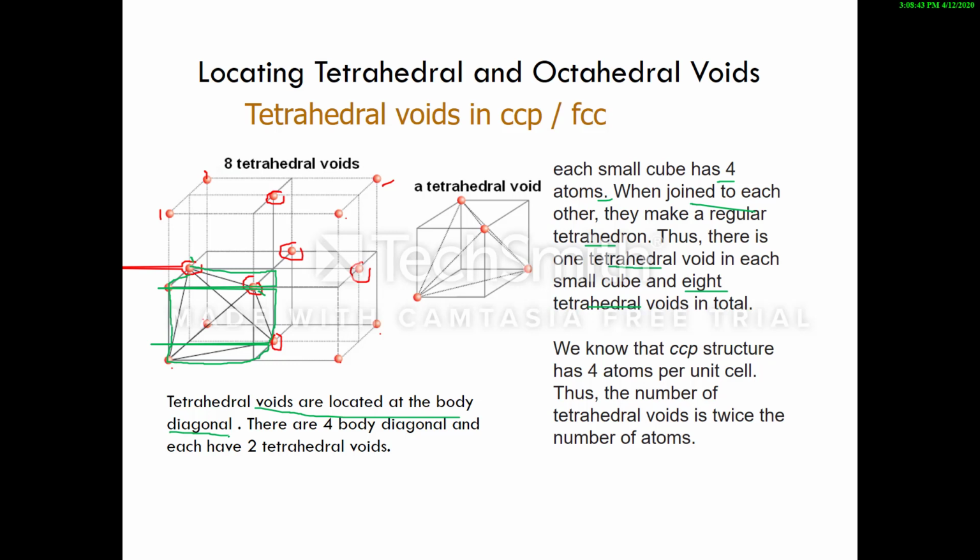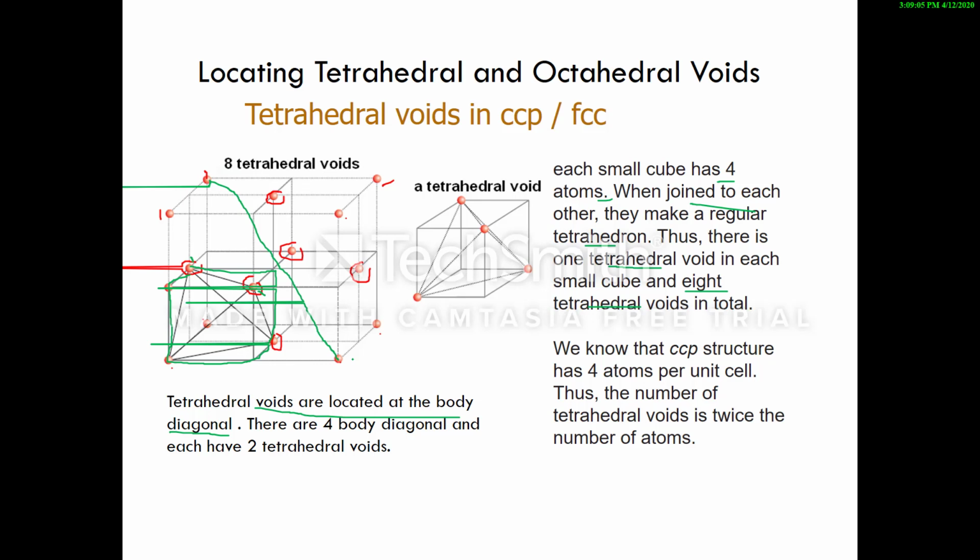Now what is the meaning of this body diagonal? If we join the opposite corner of a cube, this is called body diagonal. This is a body diagonal.